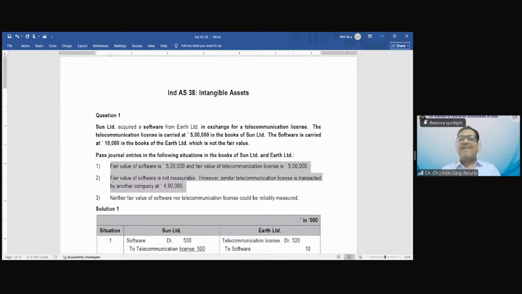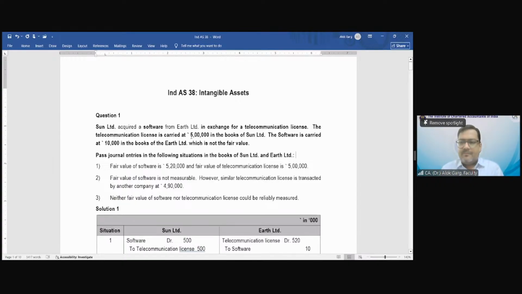Second, fair value of software is not measurable, however a similar telecom license is transacted by another company at 4,90,000. Third, neither fair value of software nor telecom license could be reliably measured. So there are three situations. Before solving these questions, let's understand the concept.